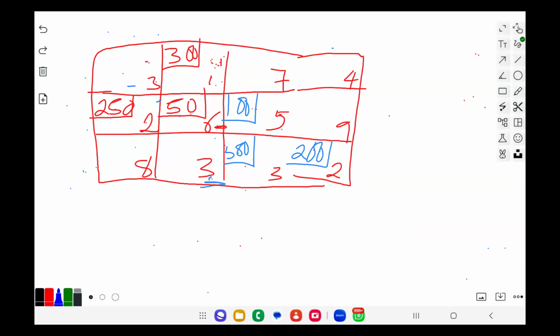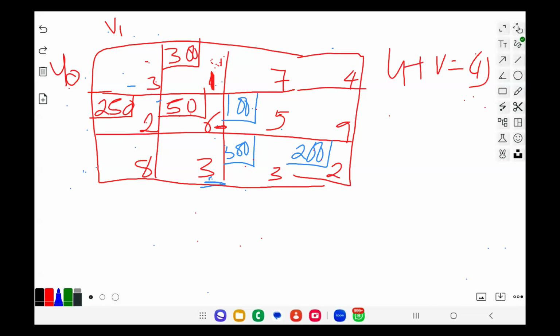Then we start afresh what we are doing. See, now we are repeating the same thing. What is our U1? U1 is 0, isn't it? Which means our V1 will be what? We are just dealing with the allocated cells, first of all. So U plus V is equal to Cij. That's what you're doing. Cij is 1, right? There's 1 here.